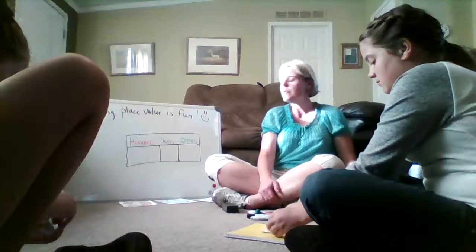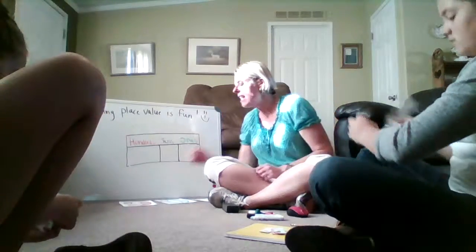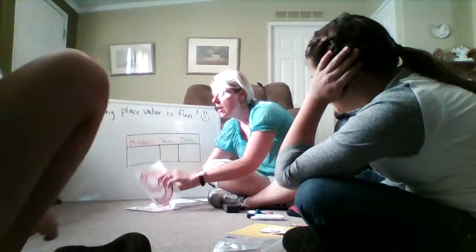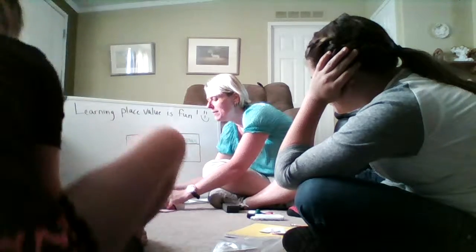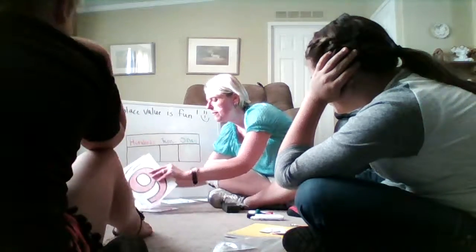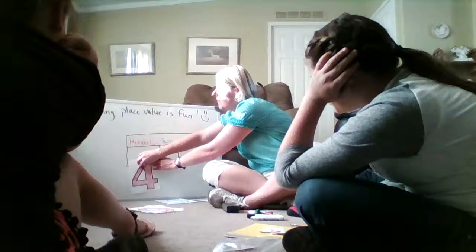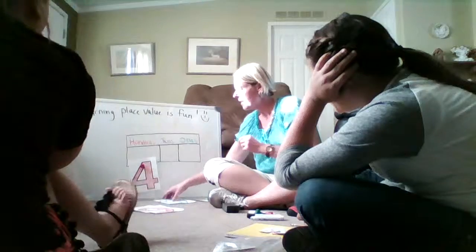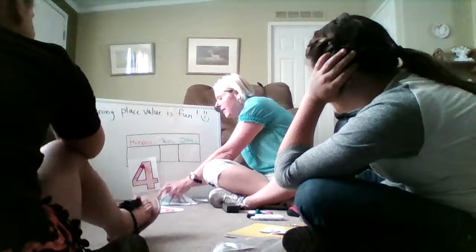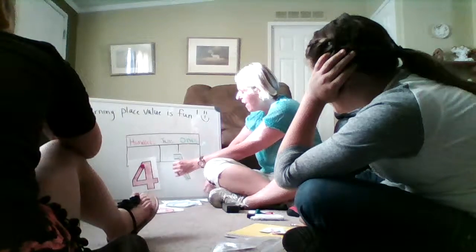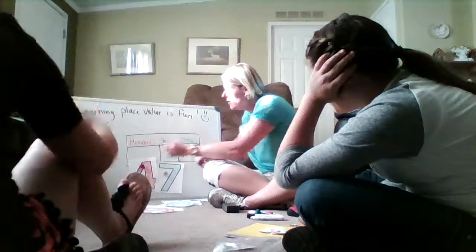All right. So now, for an example, if I said the number 476, you're going to come up here and quickly look through here. Oh, let me see. Where is that number? There's the 4. And we're going to put it under the hundreds group. 7. Uh-oh, where's 7? Oh, there you are, 7. 7 under the tens group.